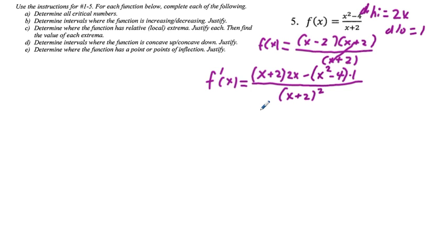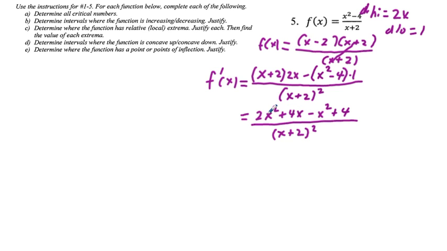So multiplying out, we're going to have 2x squared plus 4x minus x squared, and minus minus will be plus 4, all over quantity x plus 2 squared.